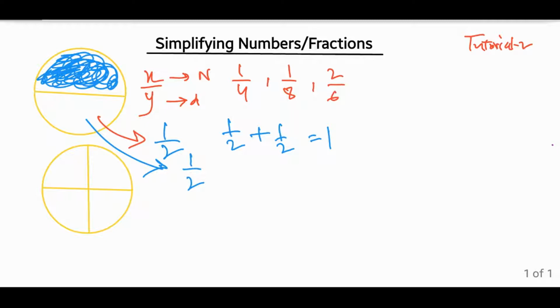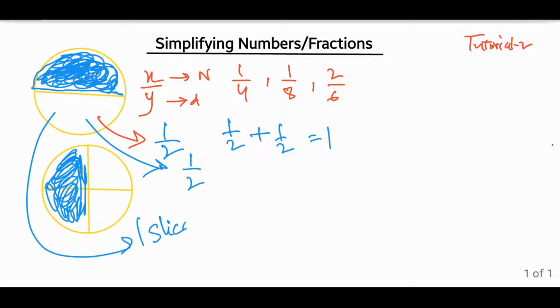In one I have taken one slice, but this slice was half of the pizza, while in the other I'll take two slices out of it. One slice or two slices won't make any difference because here the parts were bigger and here the parts were smaller, right? So I can put this ratio in a percentage form. That would be better to understand.